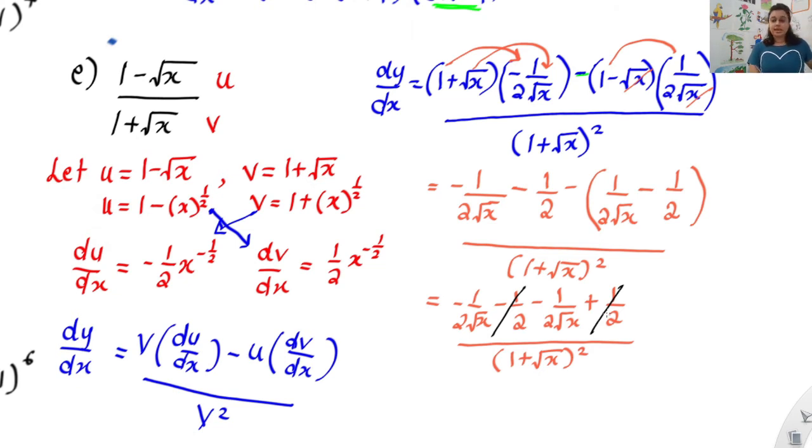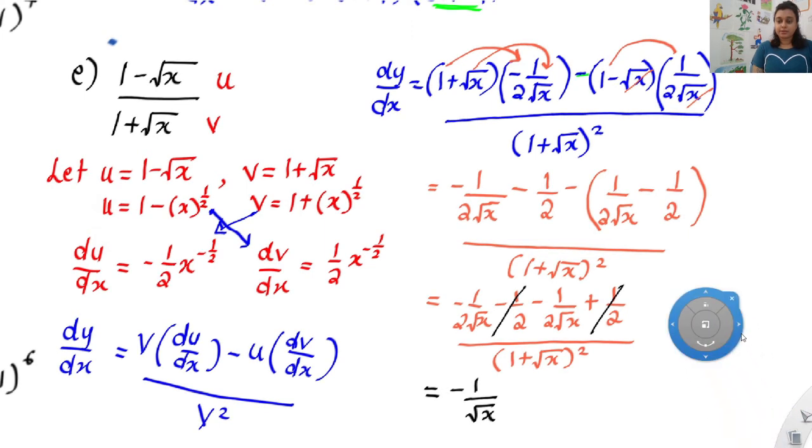Here, if you realize, negative 1 over 2 minus 1 over 2, you should get negative 1. So how to write? Negative 1, but your square root x is still down, right? So you still write it down.